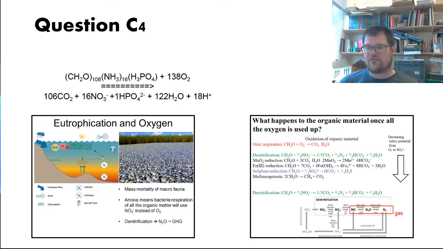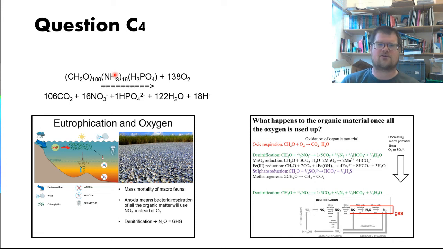Then further on from that, we might have a situation where there's lots of biological productivity, and that creates lots of organic matter that sinks down into the deeper parts of the ocean, or the bottom in estuaries, and we use up all of the oxygen by respiration. Once the oxygen gets to effectively zero, we might still have some organic matter left, and that will want to be respired by other bacteria that don't use oxygen.